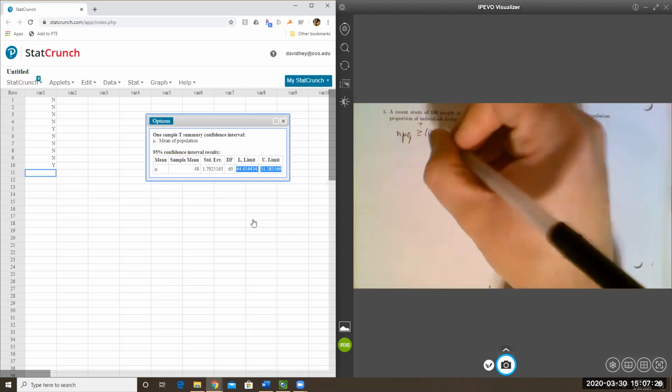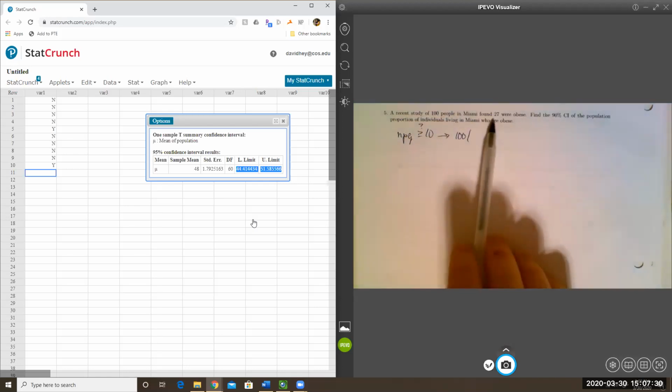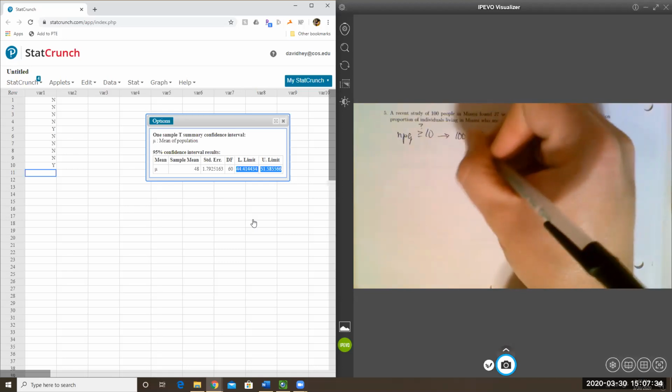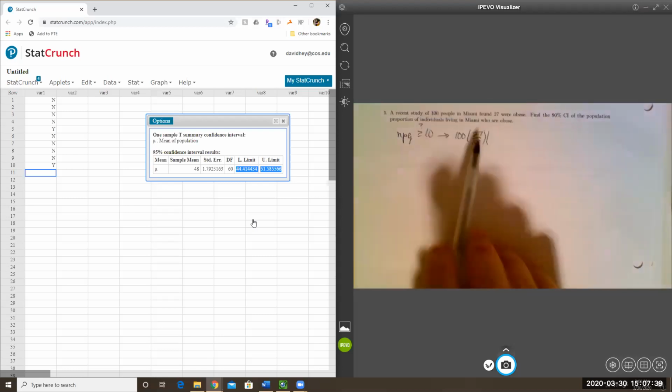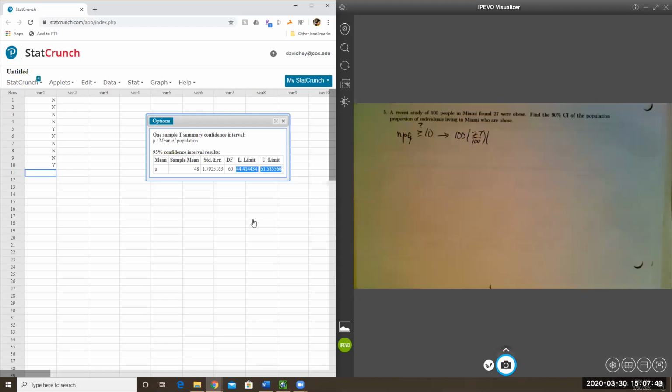Well, this is a study of 100 people. 27 were found to be obese, so p hat is 27 out of 100, or you could change that into a decimal, that would be 0.27. If 27% of people were obese, then I guess that means 73% of people were not obese.